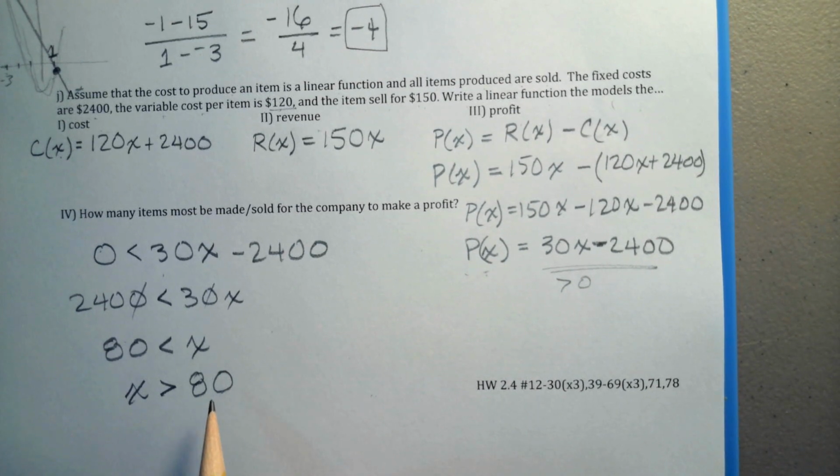So when you make 80, it seems like it's probably going to be dead even, right? You're not going to lose anything. You're not going to make anything. So if you make anything over 80 will give you an actual profit, which would be something greater than 0. And certainly not negative. Okay.